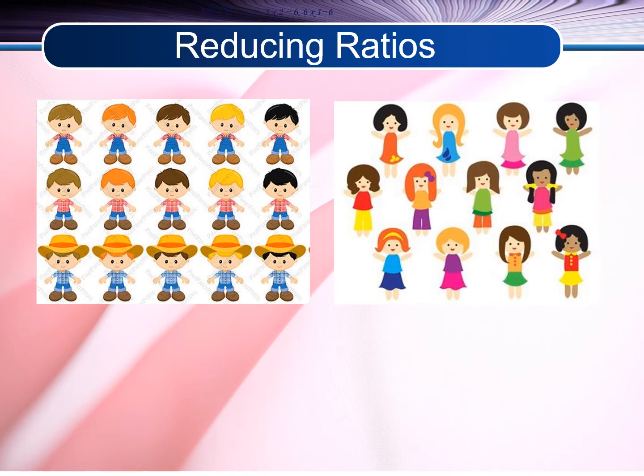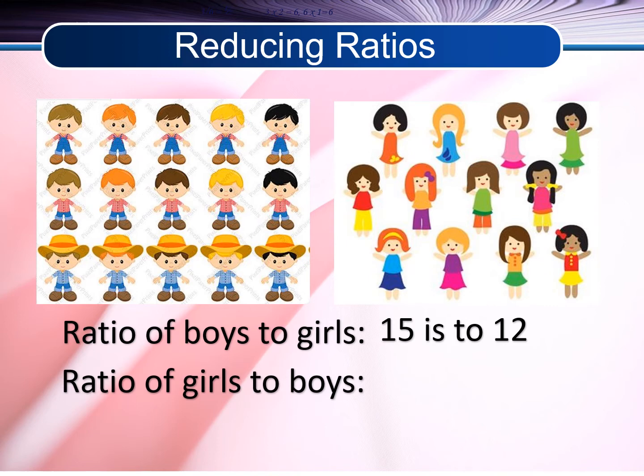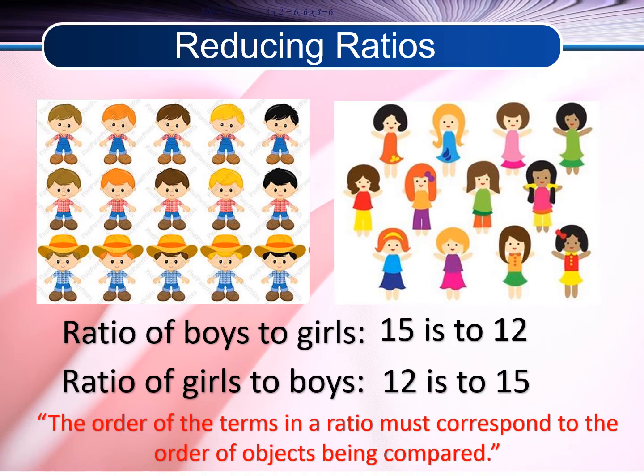If there are 15 boys and 12 girls in a class, then the ratio of the boys to the girls is 15 to 12. And the ratio of the girls to the boys is 12 to 15. Take note that the order in which the ratio is expressed is important.